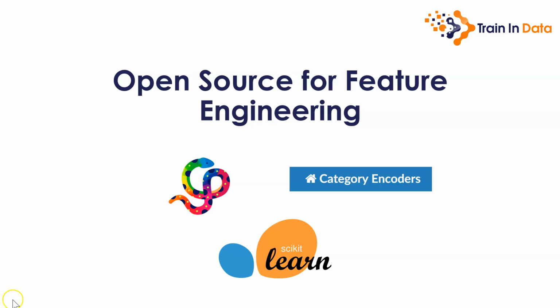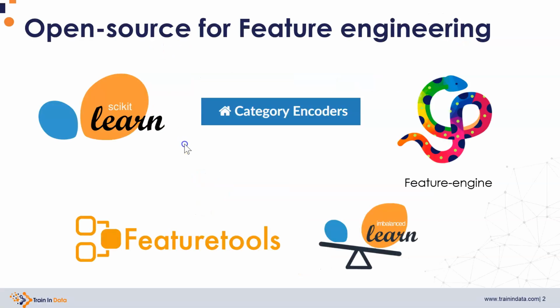In this video, I would like to discuss in more detail some of the open source libraries for feature engineering, because we're going to make heavy use of them in the next sections of the course. We mentioned that there are a number of libraries for feature engineering, like Scikit-Learn, category encoders, feature engine, feature tools, and imbalanced learn.